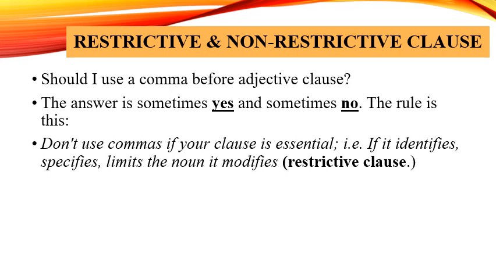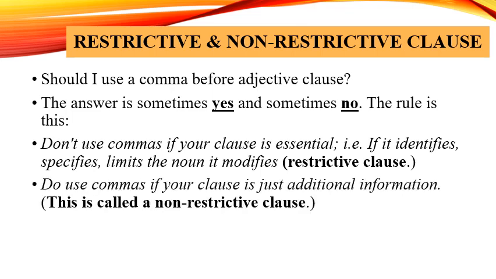We don't use a comma if our clause is essential. I mean, if it identifies, specifies, or limits the noun that it modifies. And this is what is called the restrictive clause. In other words, this clause you cannot delete from your sentence because it's essential for the completion of the meaning.